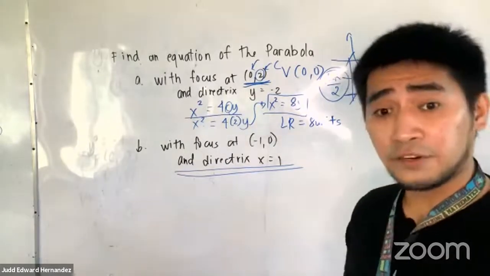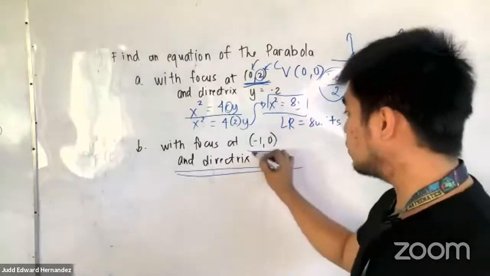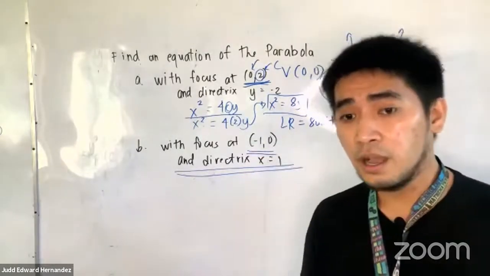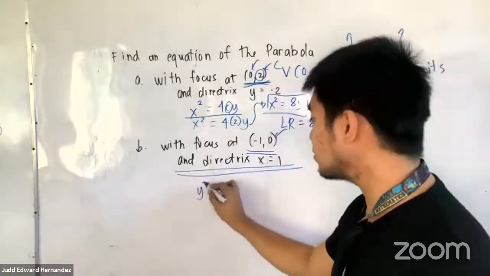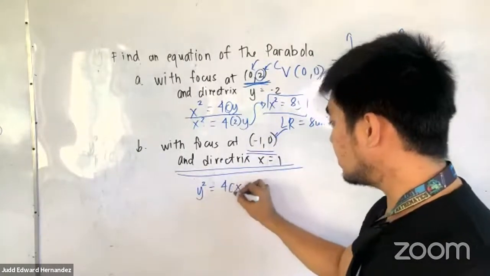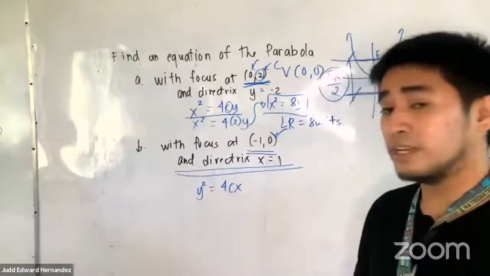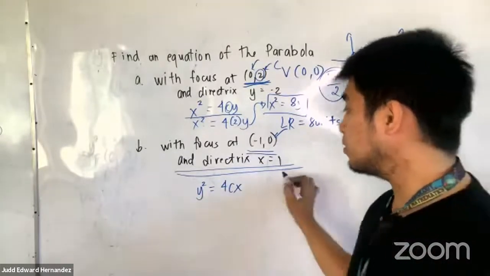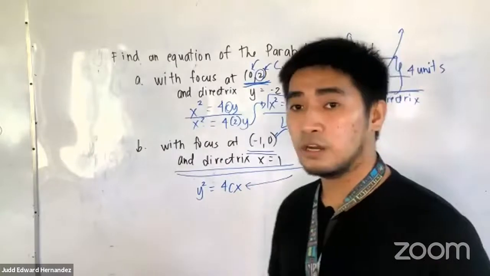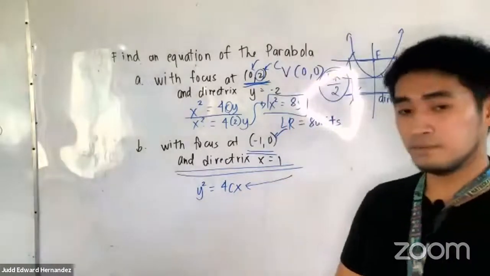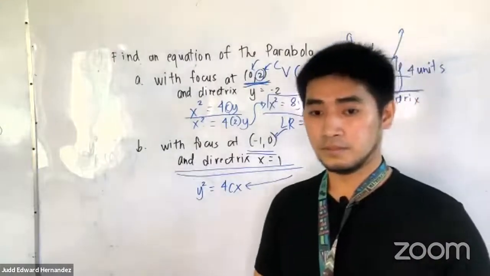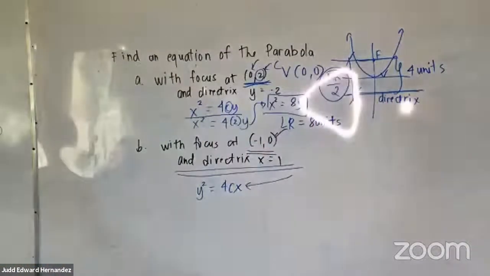Okay, so sabi natin first step, punta ka ulit doon sa given na focus. Sino yung nag-0? Ang nag-0 is si y-coordinate. Therefore, that is y squared is equal to 4cx. If this is the given, what will be the equation of the parabola? Sir, y squared is equal to 4 times -1x.